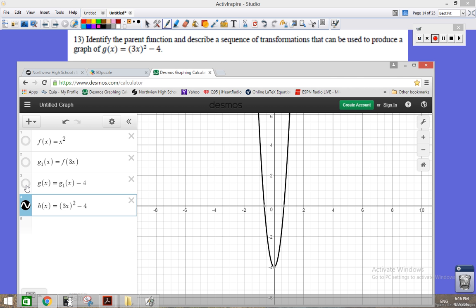Well, the graph that we got is right there in orange, and you can see that if I toggle this final answer, this black graph, on and off, we have the same answer, that through this sequence of transformations we obtained that graph.